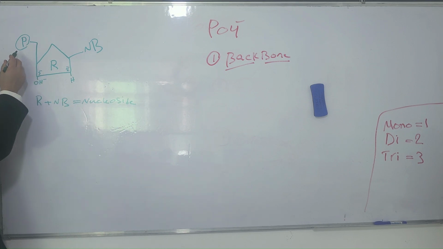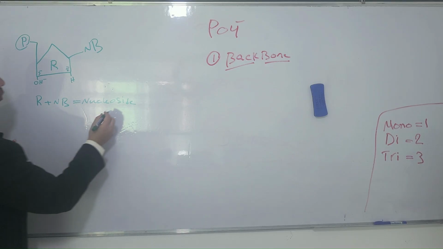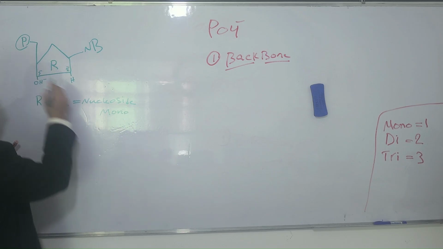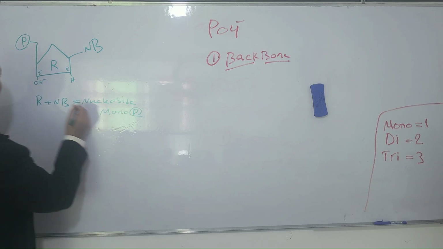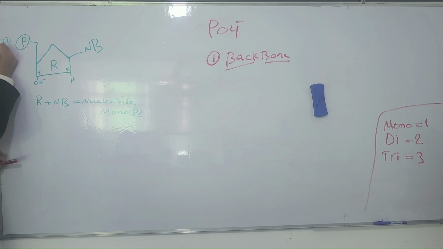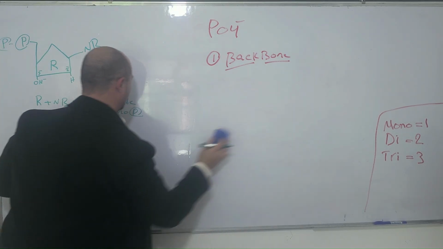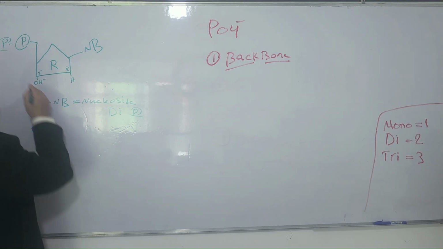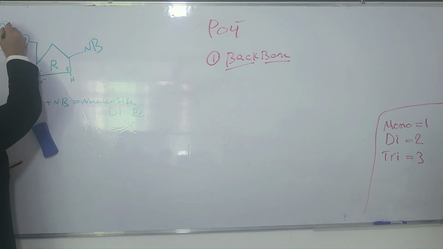And since it has 1 phosphate group on it, we call it nucleoside monophosphate. Okay? If it has 2 phosphate groups, it's no longer monophosphate, it's going to be called nucleoside diphosphate, right?